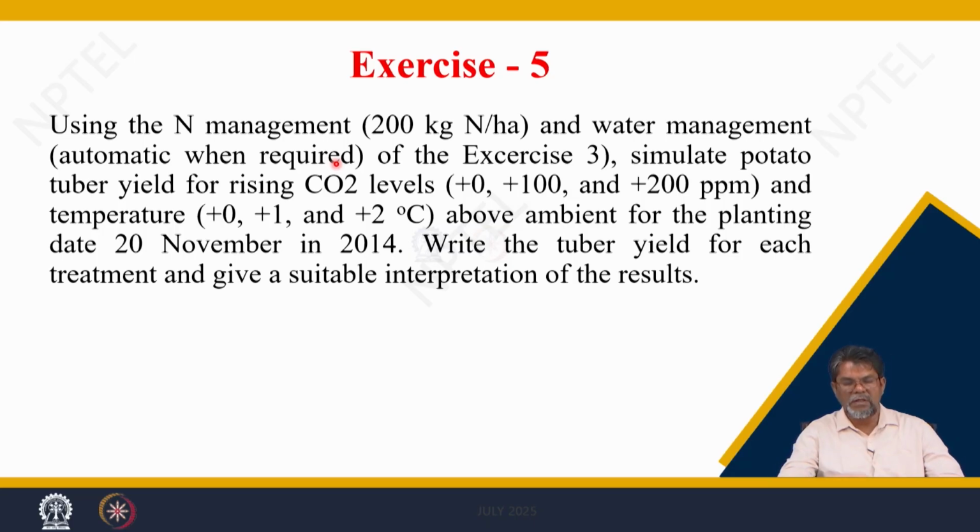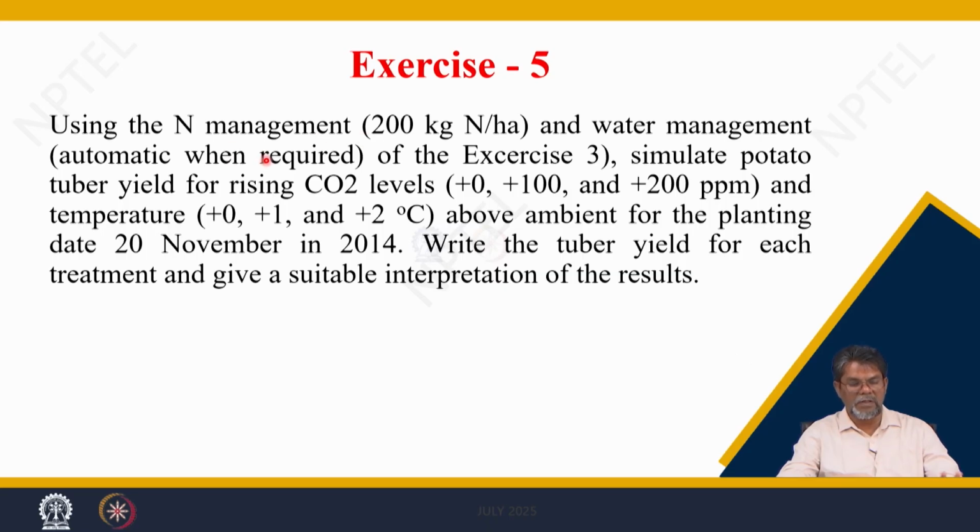In rice we used rain-fed conditions, because rice is grown during the monsoon season with the receipt of monsoon rain, so it does not require irrigation for this location when you get sufficient rainfall. Here we have to take automatic when required.